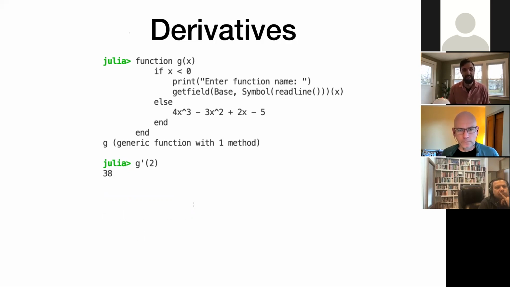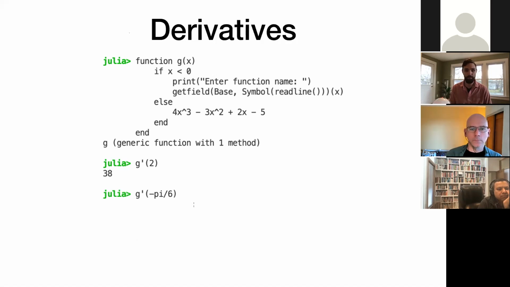In this case, it's that apostrophe, a very mathy looking sort of thing. And that will ask for the gradient with respect to the argument at the point that I passed in. So if I ask for the gradient at the point 2, it'll give me 38.